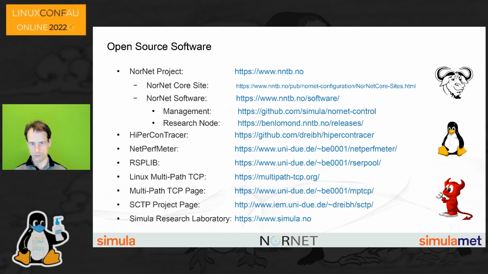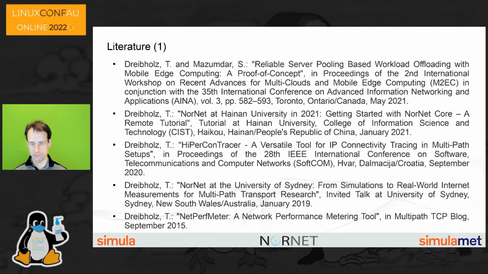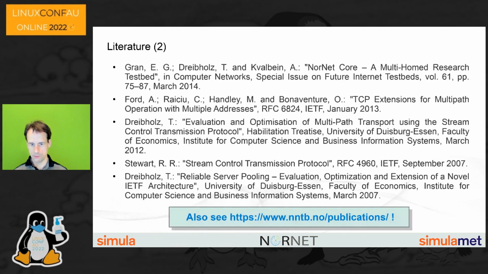So just have a look. Most of the software is licensed under GPL. And of course, we are a research testbed, so we have of course also a lot of research literature with results out of experiments in NorNet Core available. You can find all these papers also on the NorNet web server under the publication section.